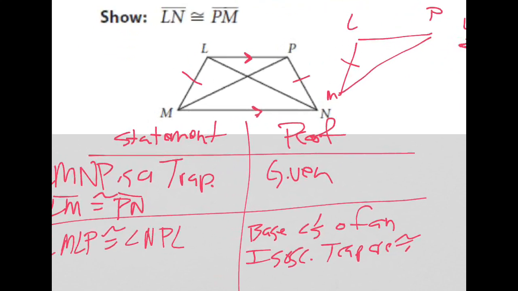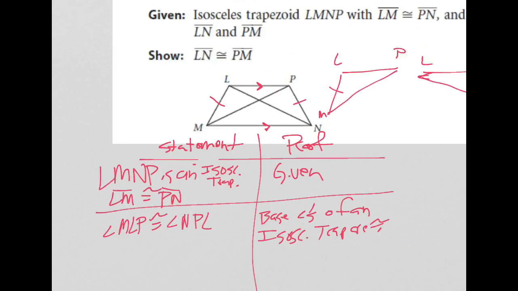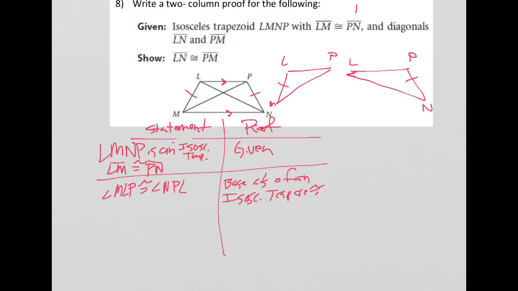So really we should say that LMNP is an isosceles trapezoid. That would be useful. Base angles of an isosceles trapezoid are congruent, so MLP is congruent to NPL. So I'm going to mark that congruent to that.